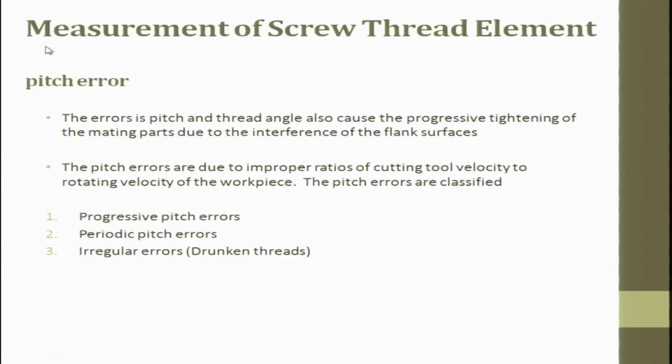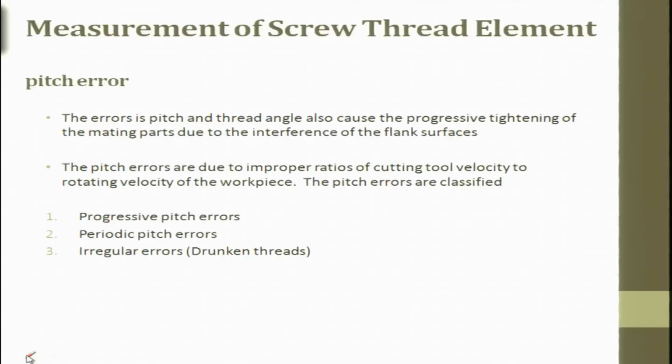After measuring the major diameter, minor diameter and the effective diameter, the next topic of discussion is the pitch error. The error in pitch and the thread angle also causes progressive tightening of the mating surface due to interference of the flank surfaces. Between these two flank surfaces, if there is an error, it is called pitch error.